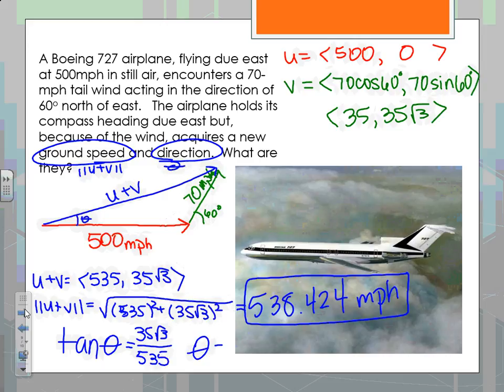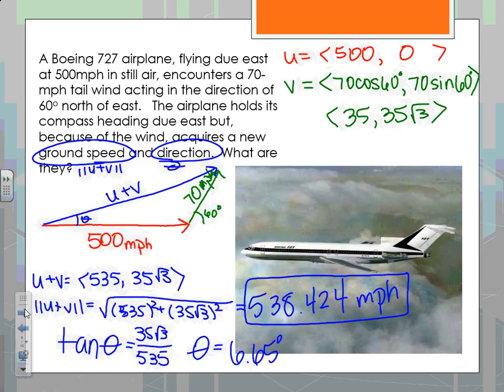So go ahead, since this is in degrees, we can go ahead and do this one in degrees. So check your mode. Don't forget that you have to check your mode, or change your mode. What is our angle? 6.65 degrees above the positive x-axis.